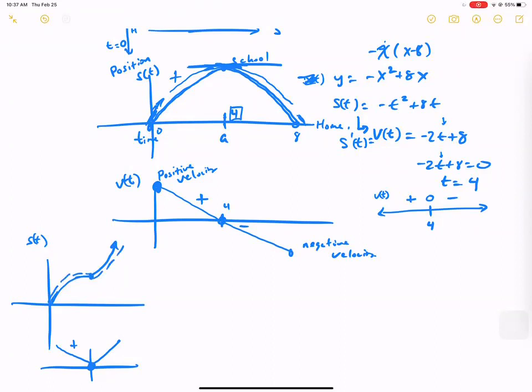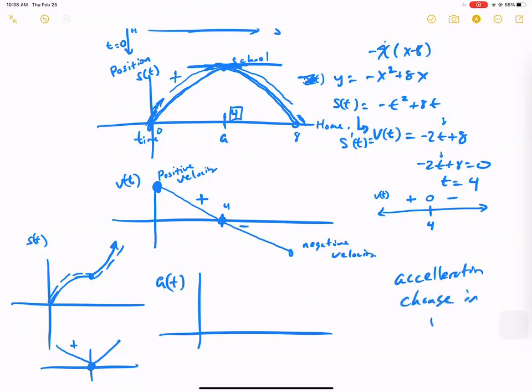Okay. And then we have one more thing that we can talk about, which is our acceleration function. Okay. Acceleration is a change of velocity. So acceleration, I can't misspell acceleration, is a change in velocity.